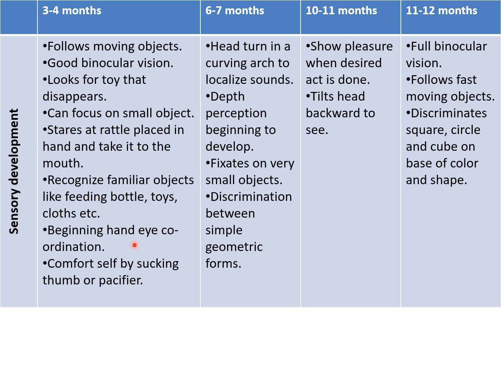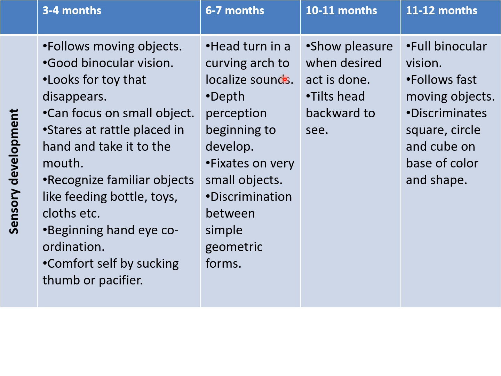They comfort themselves by sucking thumb or pacifier. When you are observing a child, you can see that whenever they are alone, they will be taking the thumb or a pacifier if you are keeping one, and they will be sucking on that and they will find satisfaction.